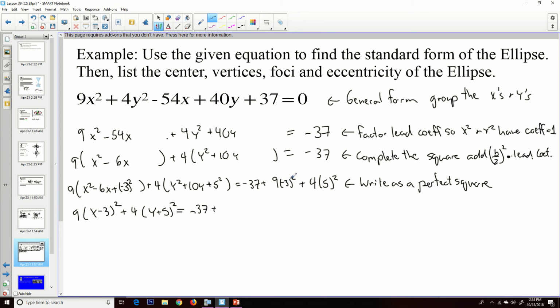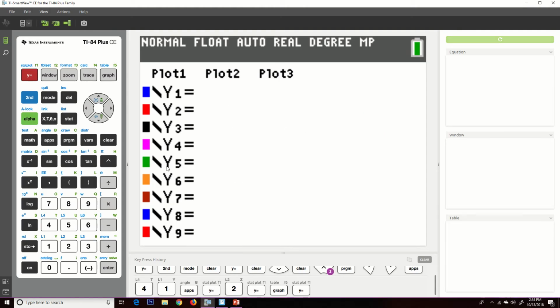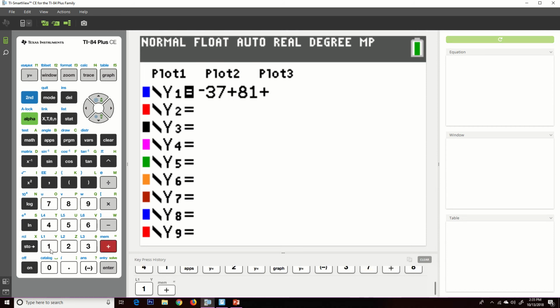And so 3 squared is 9, and 9 times 9 would be 81. And then 5 squared is 25, times 4 would be 100. So let's see here.